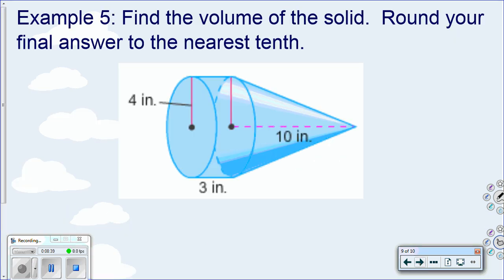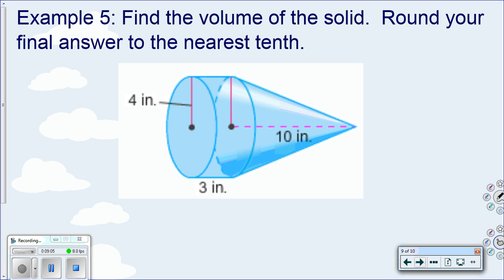All right. So the next picture, identify the shapes. What do you see? Again, we have a cylinder and a cone. Are we going to add these together or subtract? They're building them on each other. We're going to add them together. So again, we need to identify the different parts of each figure.